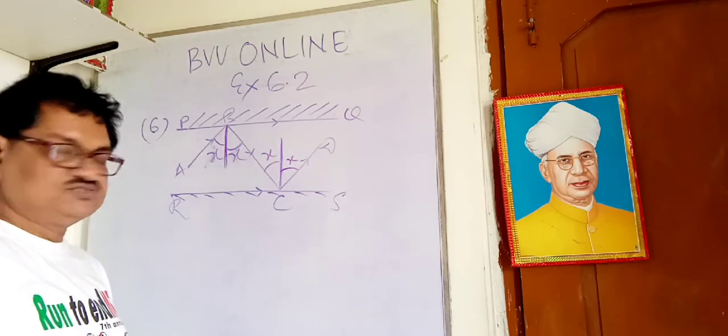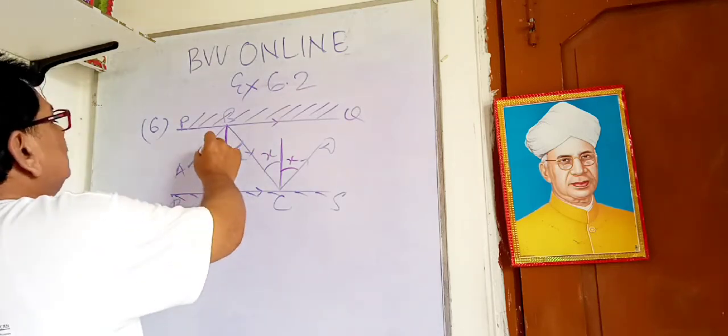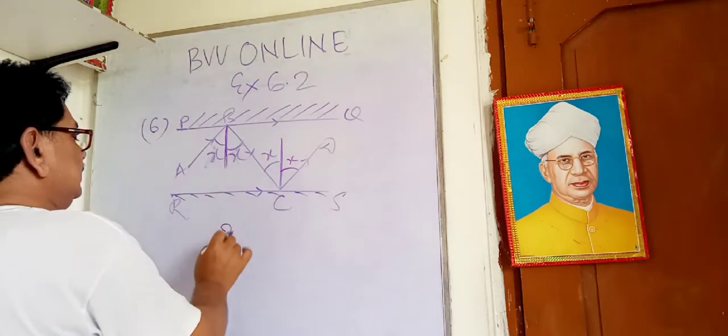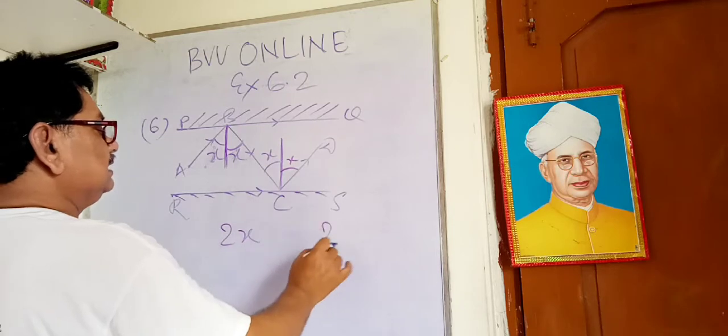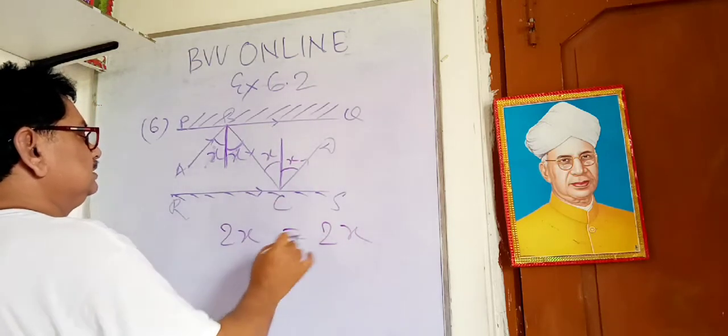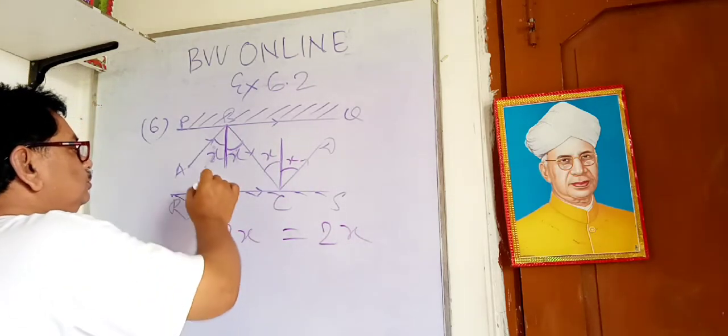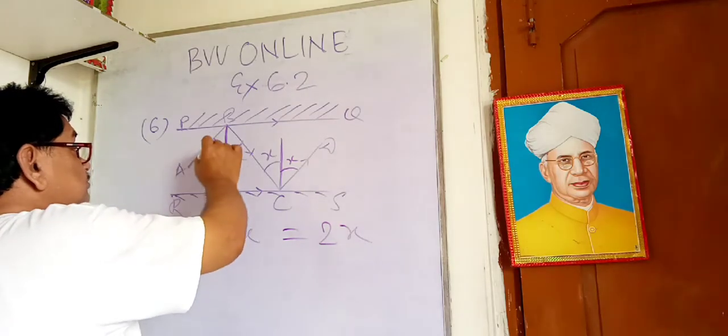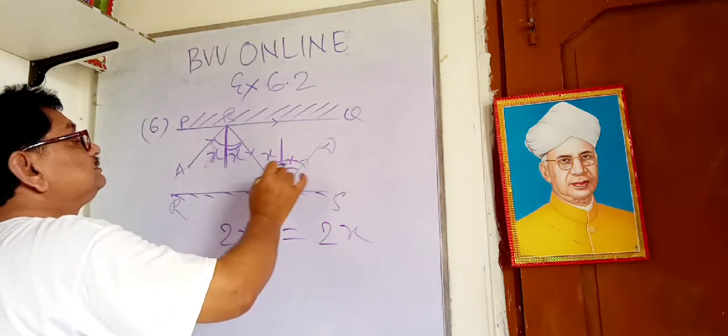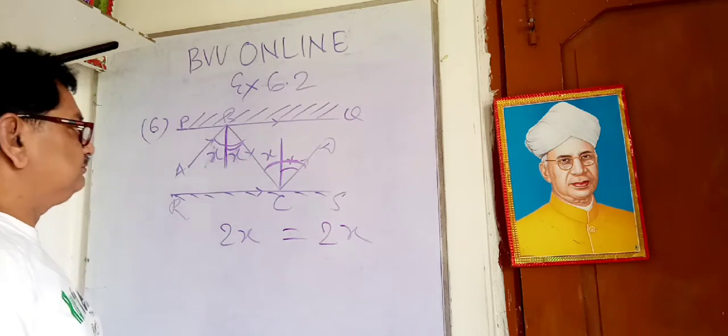Now see what happens here. Here this complete angle is 2x, this complete angle is also 2x, so both are equal. Both are alternate angles themselves.